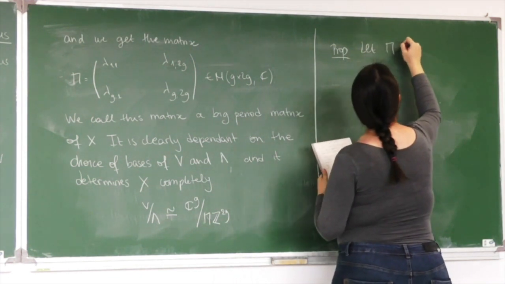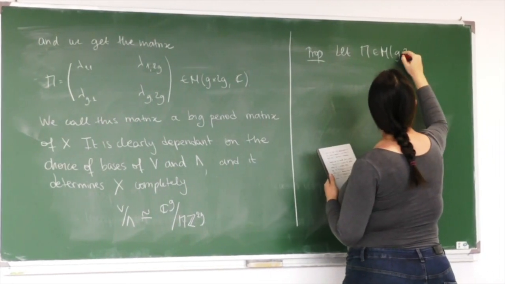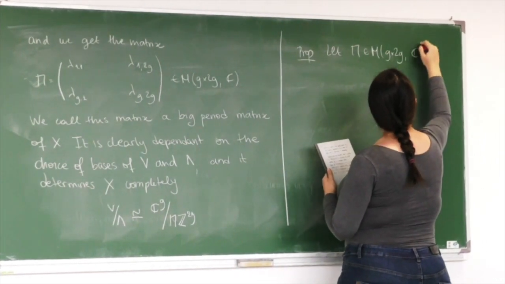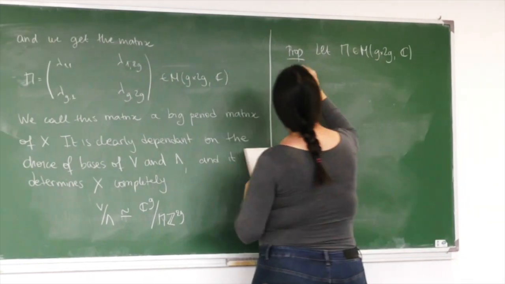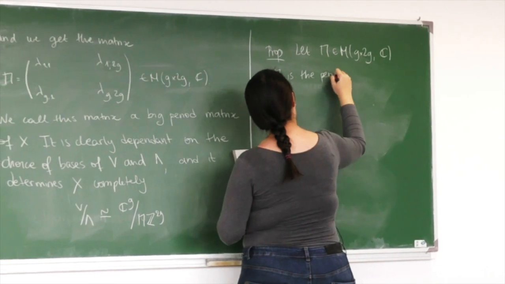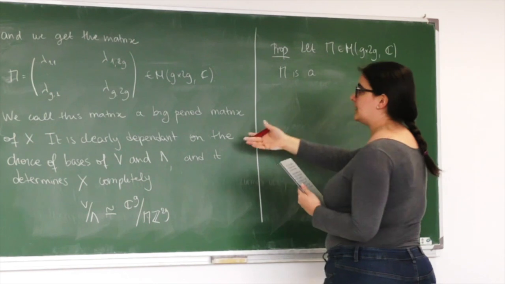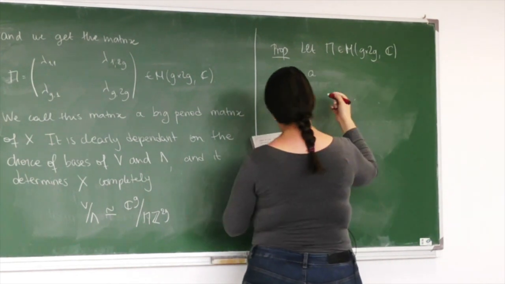Let pi be a matrix that is again g by 2g with complex entries. P is the period matrix, sorry, it's a period matrix, because we have said that it's clearly dependent on the basis, so it's not unique.